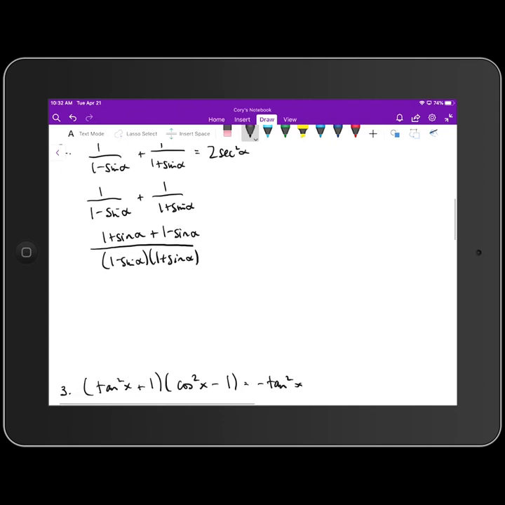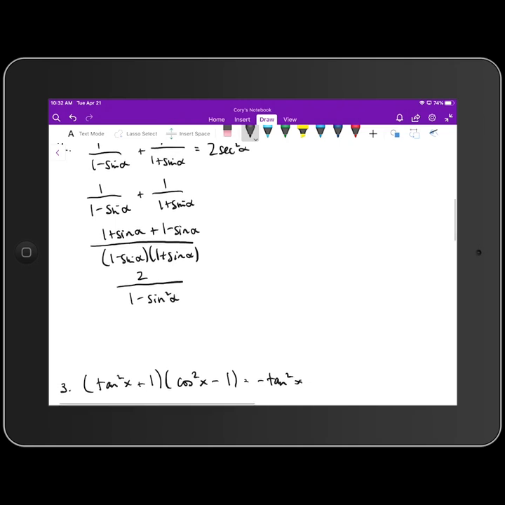When I combine like terms in the numerator, the sine and negative sine cancel, which leaves me with 2. And then when I multiply out the denominator, you have something of the form a minus b times a plus b. That's going to FOIL out to a squared minus b squared, which is 1 minus the sine squared of alpha.